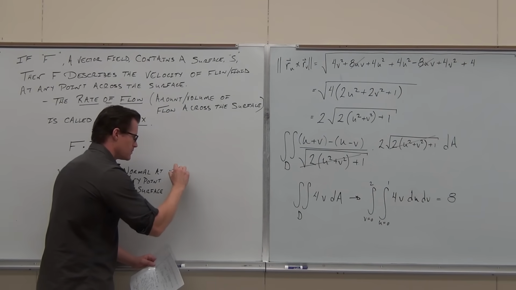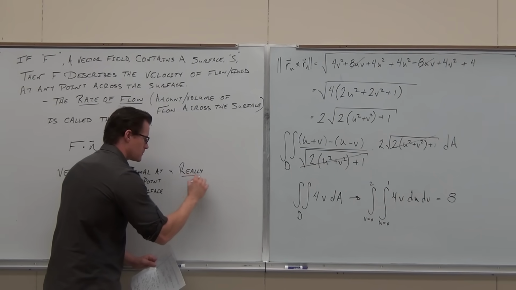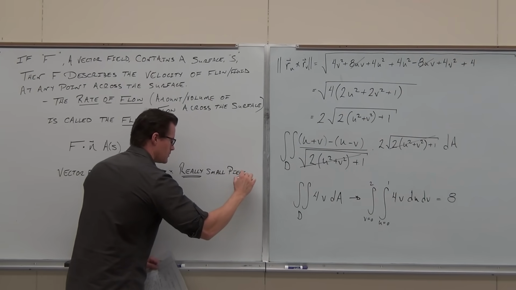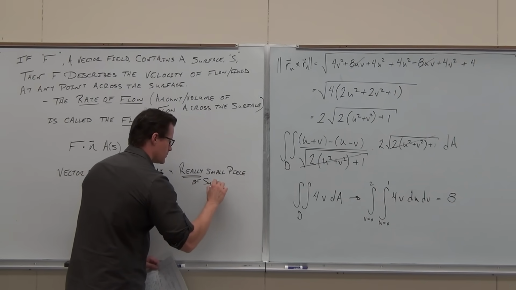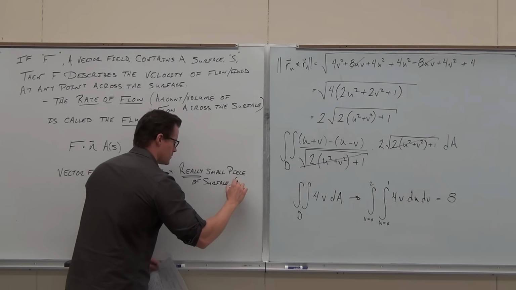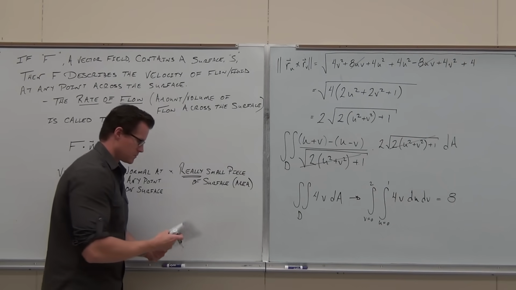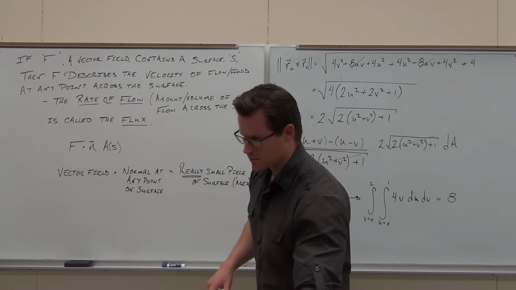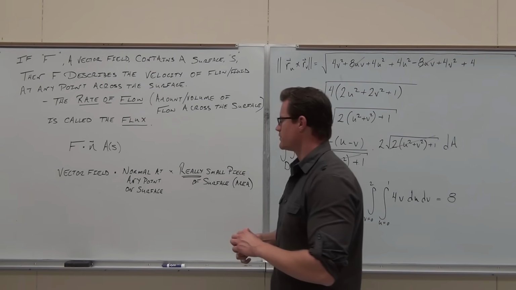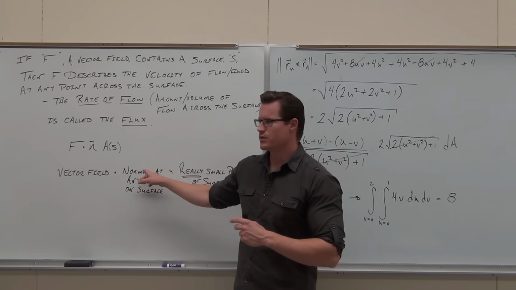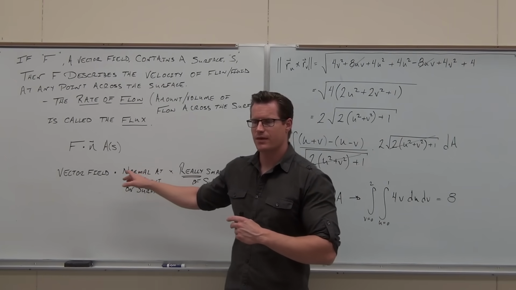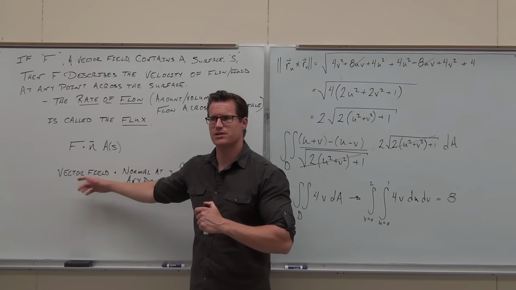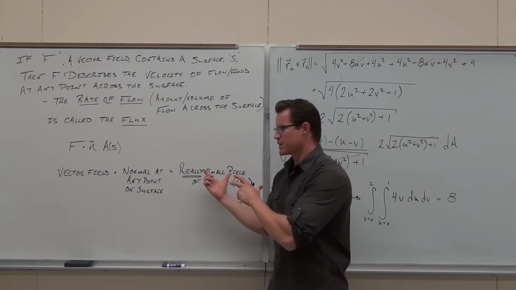So what's it given us? Well, it's given us a normal to that surface and the flow through that surface according to the vector field. So it's given us how much is crossing this region. This is the idea here.